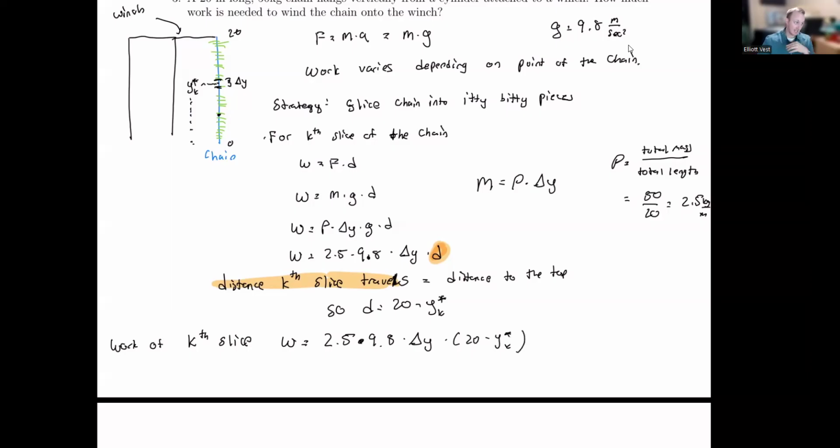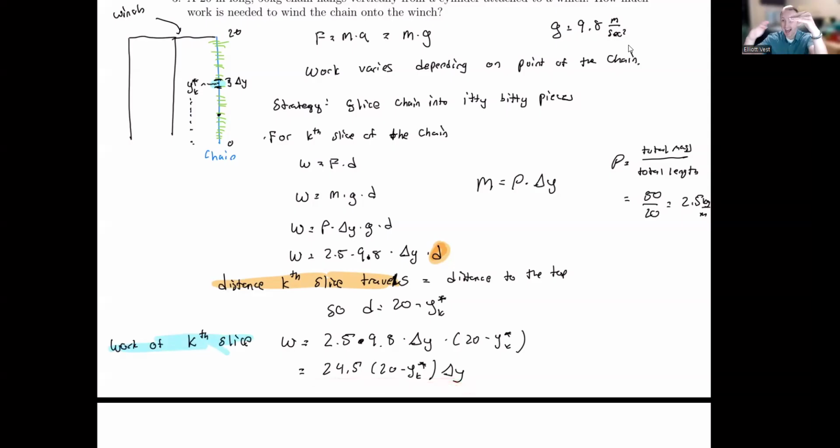That's going to end up being a y here. And if you simplify this, this becomes 24.5, as we combine the constants, and I'm going to put the change of y at the end. This is the work. Let's put this in blue here. This little slice right here, the work it takes to move that kth slice, is this expression.